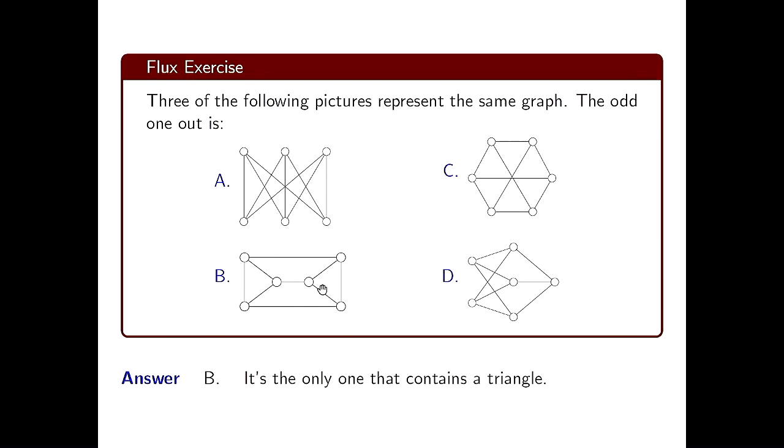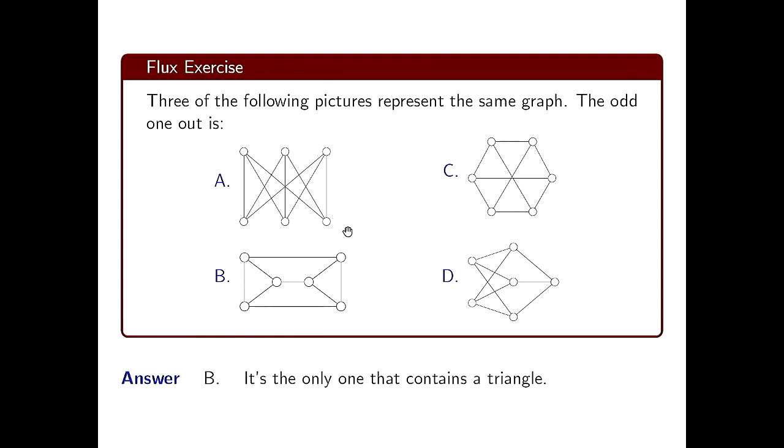We'll see in a minute that I could call it a 3-cycle or a complete graph of order 3. But it's got 3 vertices where they're all mutually joined by an edge. Any pair of them is joined by an edge. And if you notice, in any of these other graphs, you are not going to see that configuration.